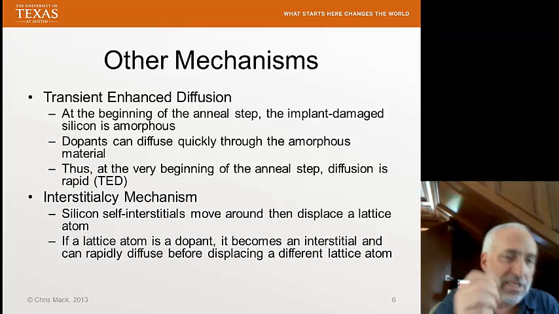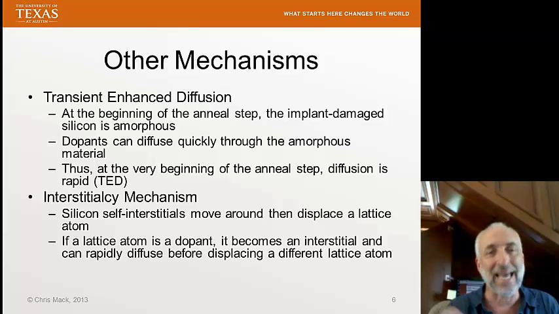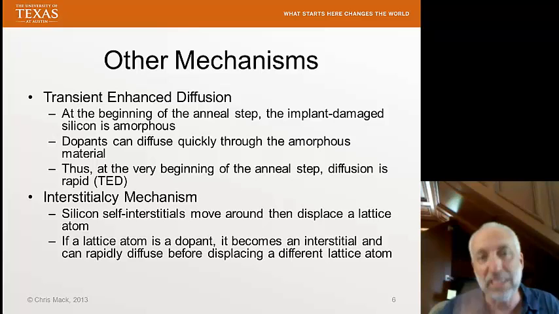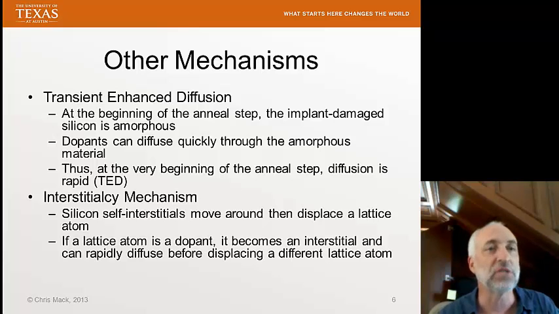An impurity that's not in the crystal lattice is called an interstitial impurity. Well, if a silicon atom is in the mix but not in the crystal lattice, we call it a silicon self-interstitial. And self-interstitials move around very rapidly, just like impurities would if they're interstitial.